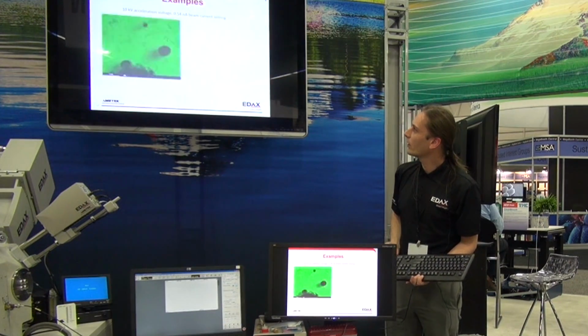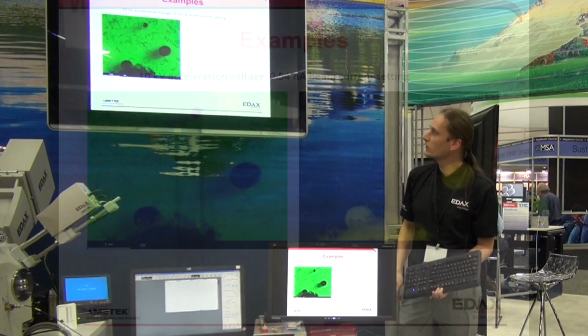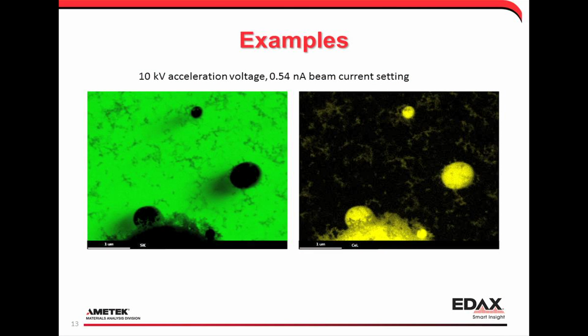If we go in and look at the individual maps, this is silicon. This is the substrate. So we can quite easily see the black spots where the particles are. We can also see some of the darker areas where you have shadowing of silicon by the nanometer structures that are on top.